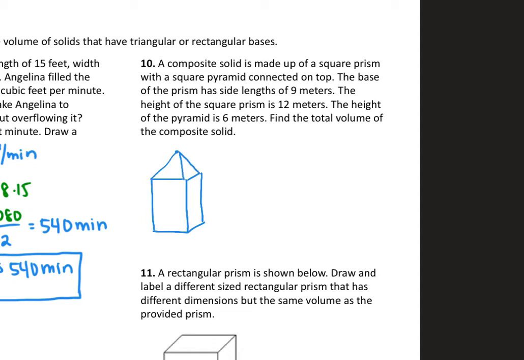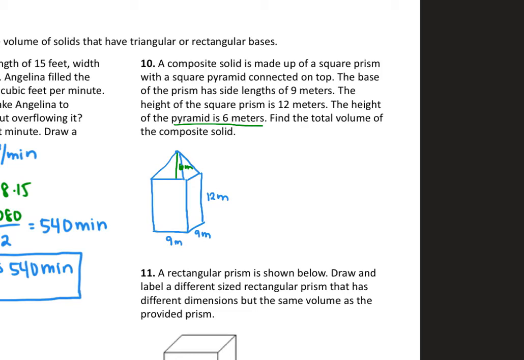It kind of looks like a house. So then it gives us the dimensions. The base of the prism has side lengths 9 meters. And the height of the square prism is 12 meters. And then we're given the height of the pyramid is 6 meters. We're going to find the total volume of the composite solid.